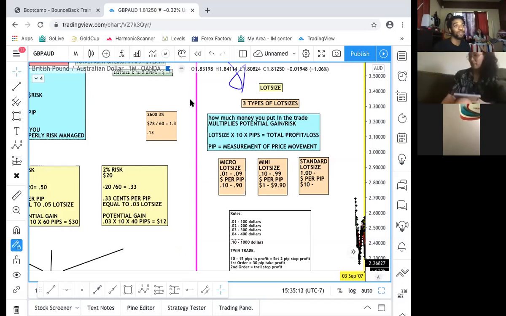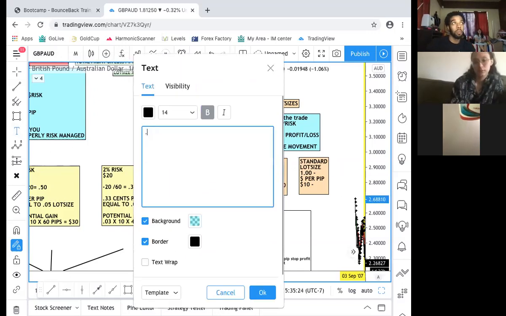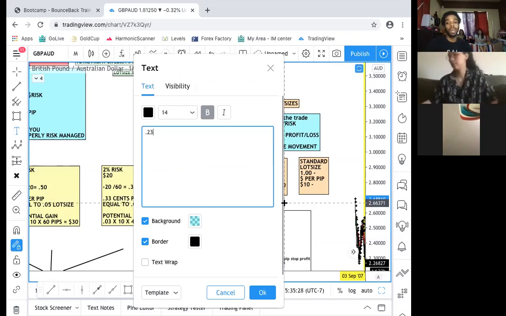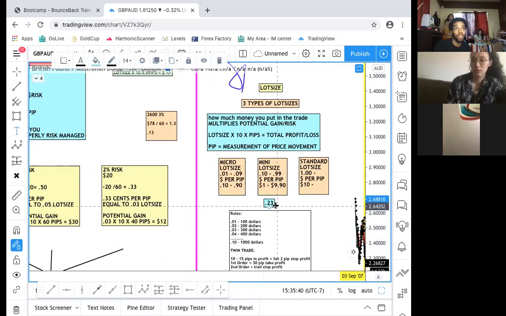Okay, so I got a question for you. If I'm using a 0.23 lot size, Michael Jordan, 0.23, how much am I going to be making or risking per pip? $2.30. Exactly.